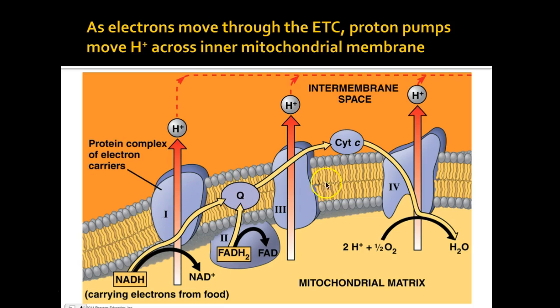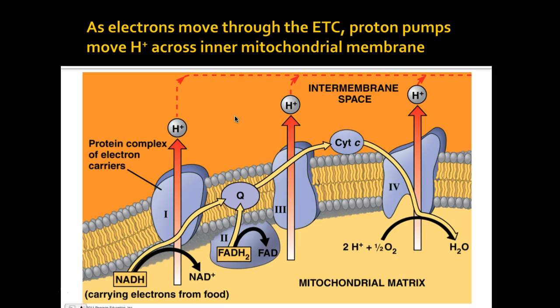And they're passing through these protein complexes and using these protein complex electron carrier molecules to move those hydrogen ions from the mitochondrial matrix into the intermembrane space.